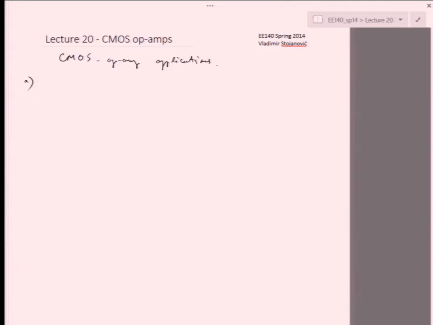That's why we set the lab with bipolars. Essentially, the application is using an op-amp in an external amplifier context. What that means is that the feedback is set by external components.